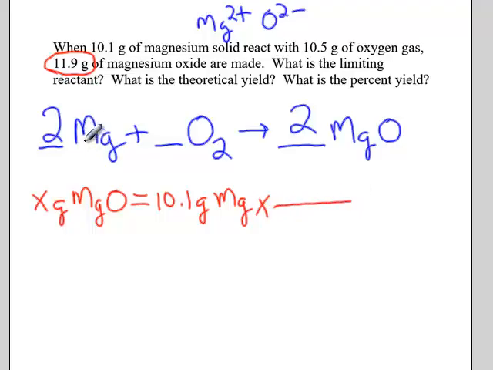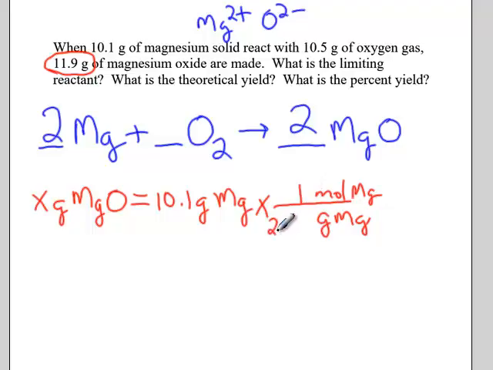So again, we cannot compare grams of magnesium to grams of magnesium oxide. Anytime you're comparing two chemicals, you have to convert them into moles first. And sometimes the problem will already start you off with moles. So you don't want to use the periodic table to convert it to grams. You're going in the wrong direction.